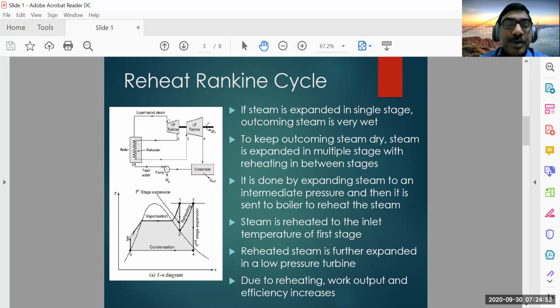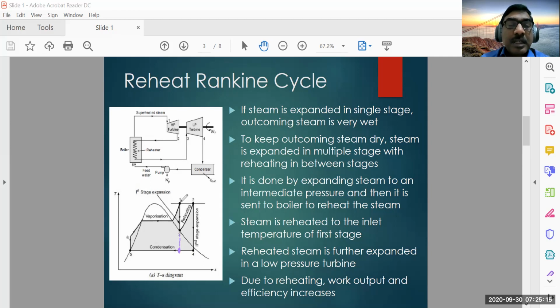this is the heat addition process 6 to 1. This is the heat addition process, and without reheating, what will be happening here? The steam will be directly expanding from 1 to this particular point.